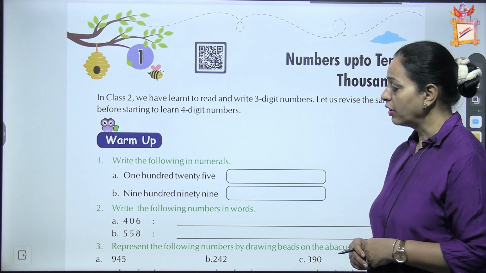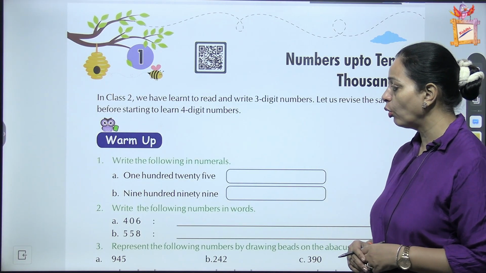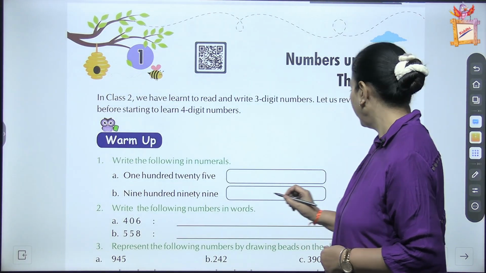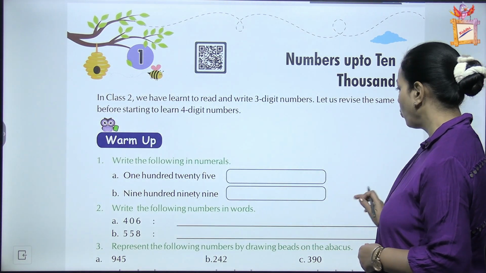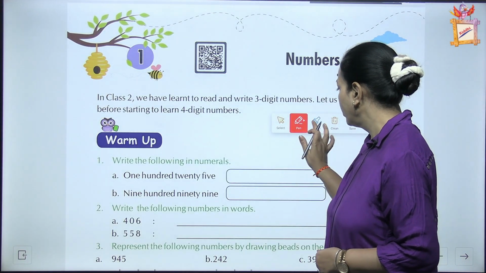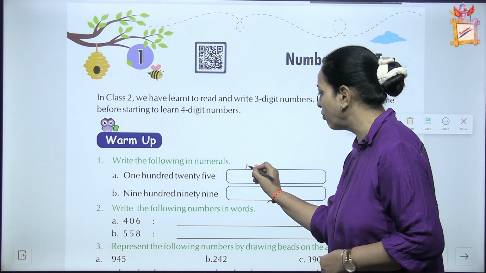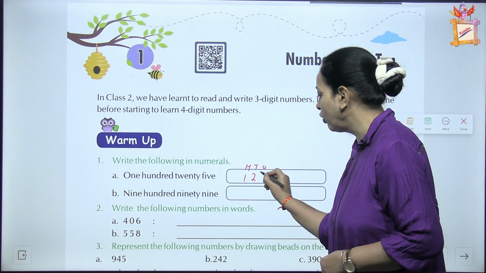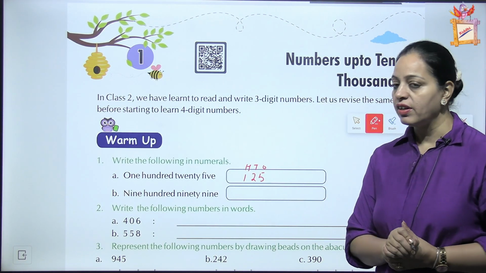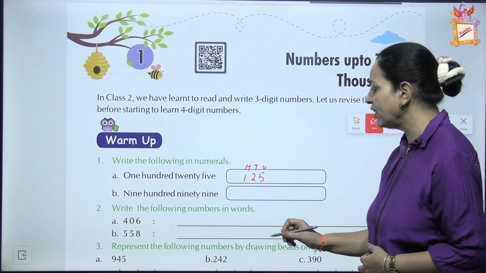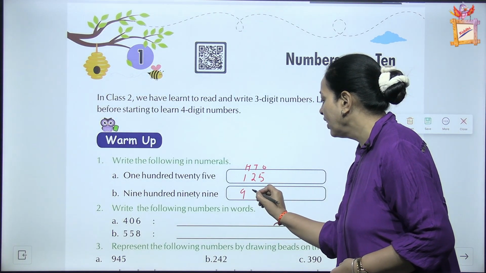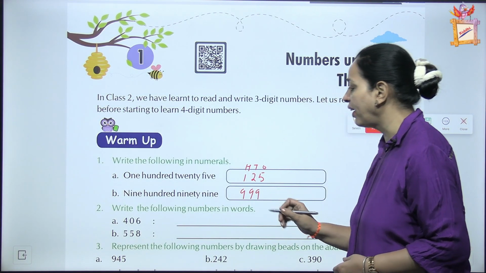See, warm up. Question 1, write the following in numerals. 125. How can we write 125? You know, ones, tens, hundreds. 125. 999. Okay.